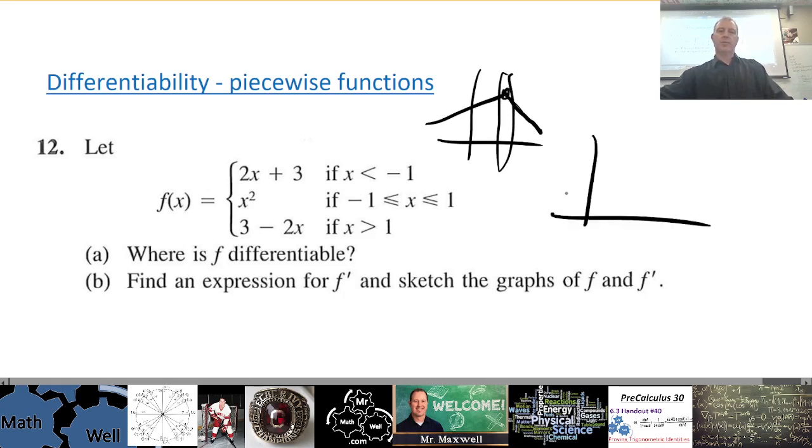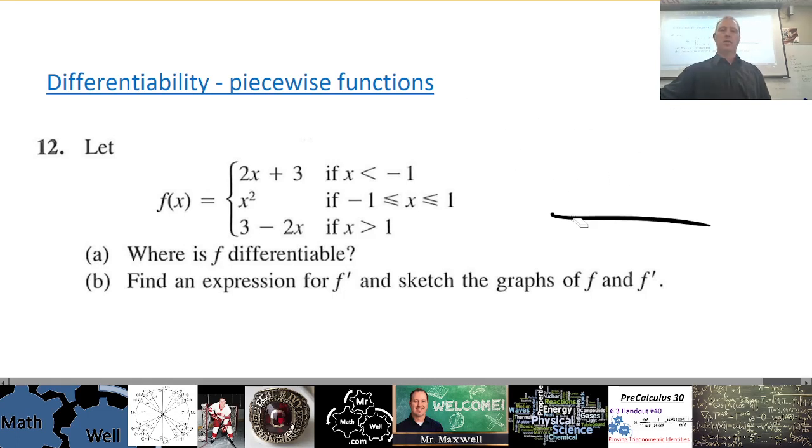Cusps look like this, where you have a graph that is concave up and then concave up again, but looks like that. That is not differentiable. I don't have the time right now to go into that, but there are certain places in the domain of a graph where it's not differentiable. We touched on that a little bit yesterday.